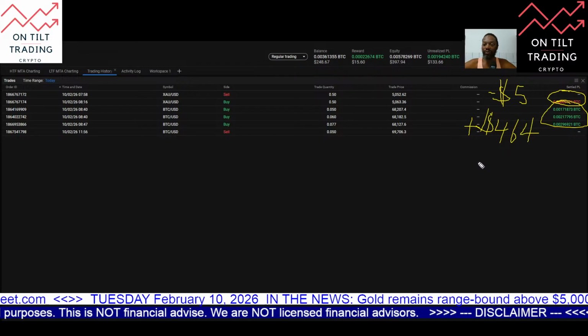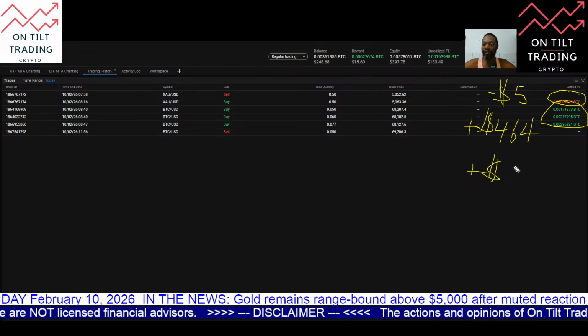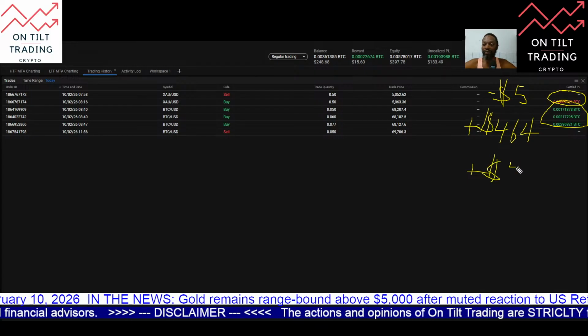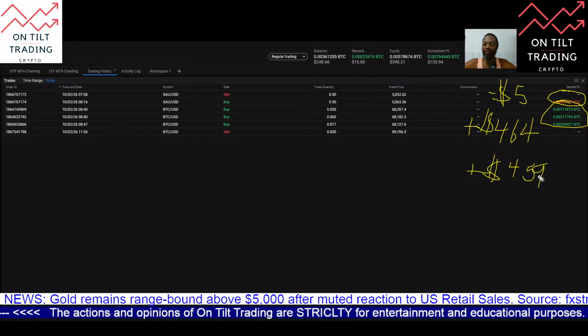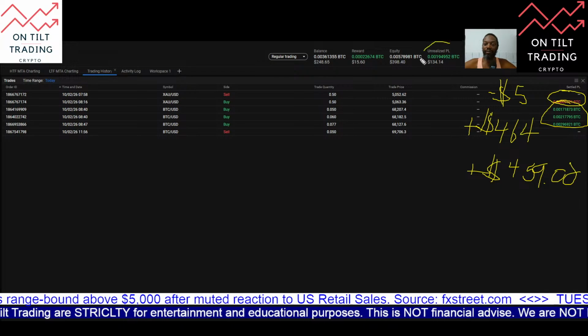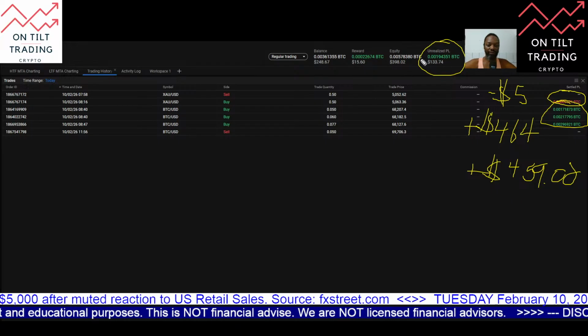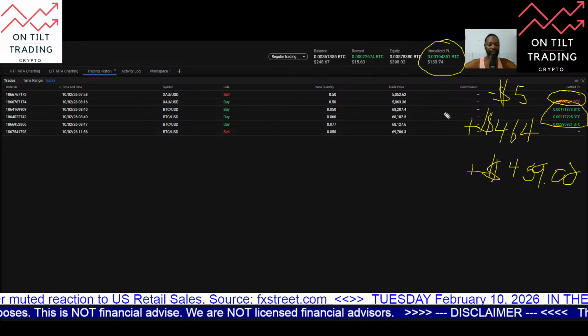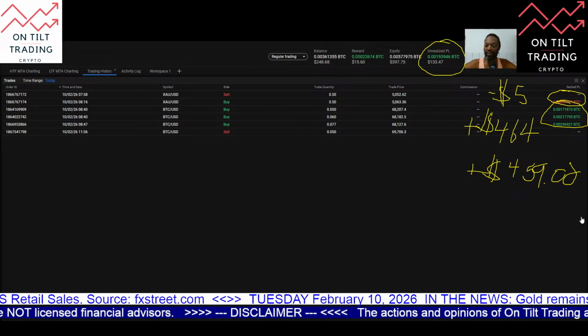So total for today, I am up $459 here, and currently still sitting on some unrealized BTC right now. If the current day trade position is able to go to take profit, then that number will increase.